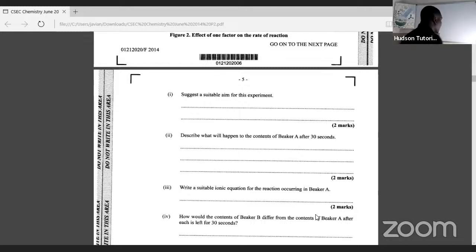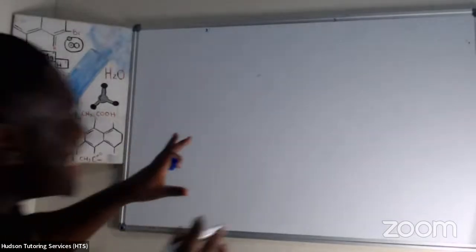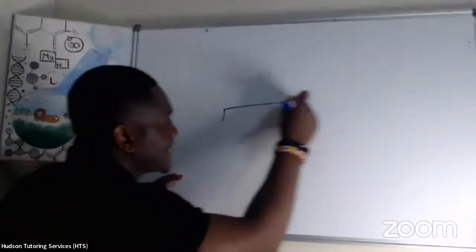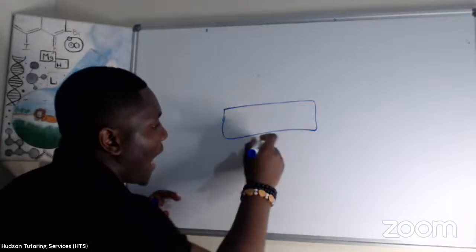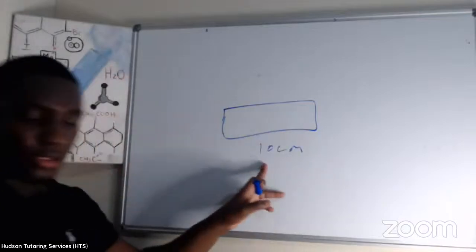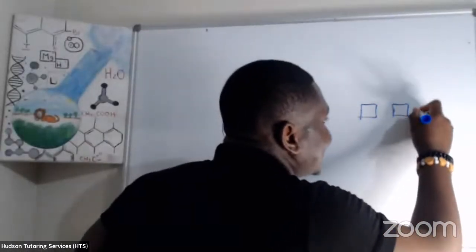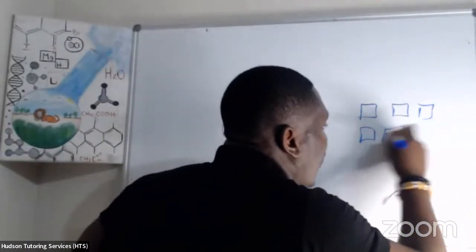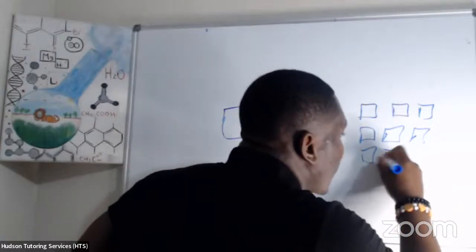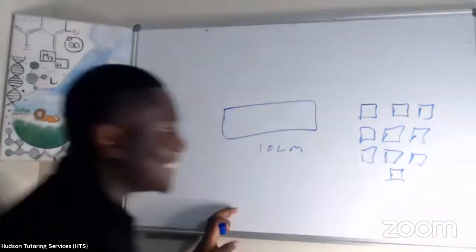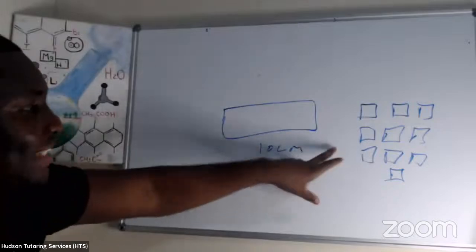Because ideally, let me stop sharing so we can demonstrate on the board. Ideally, if we have this block, and it measures 10 centimeters, and then we split the block into 10 different blocks, all measuring 1 centimeter, what we're doing now, students, is increasing the surface area.